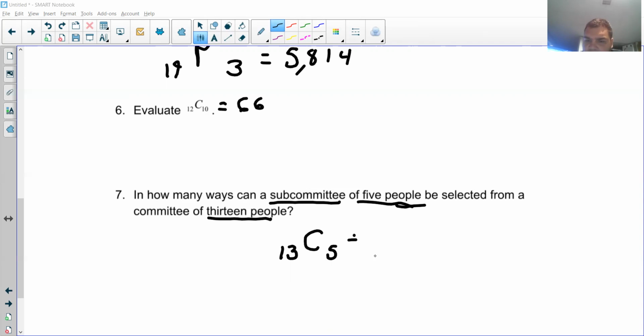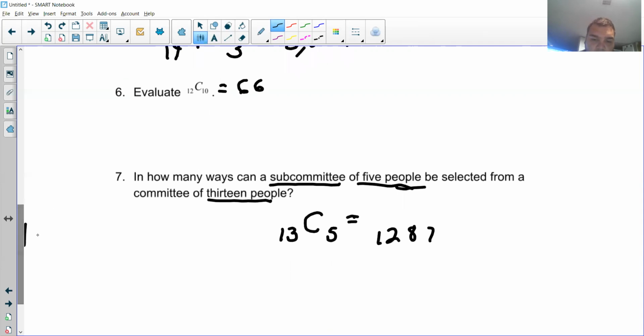If you type it in, I believe it should be 1287. I'm doing it the long way because I only have a basic calculator with me right now versus a nice calculator to do it for you. But it should be 1287. I'll check that later if I can get my hands on a TI-84.